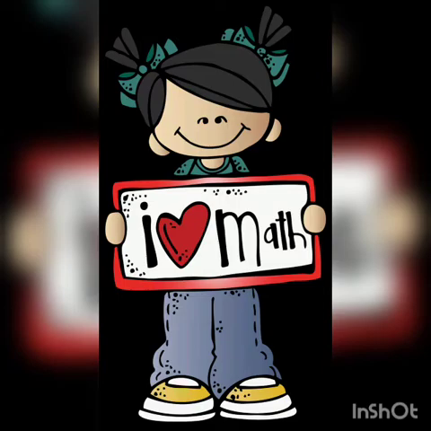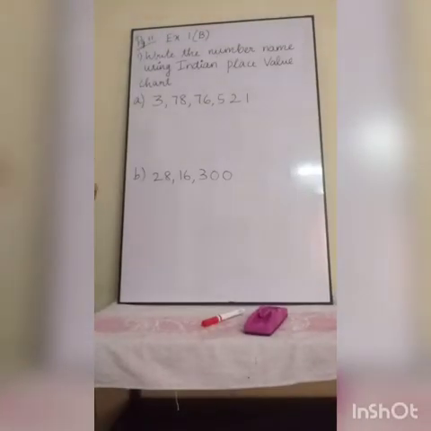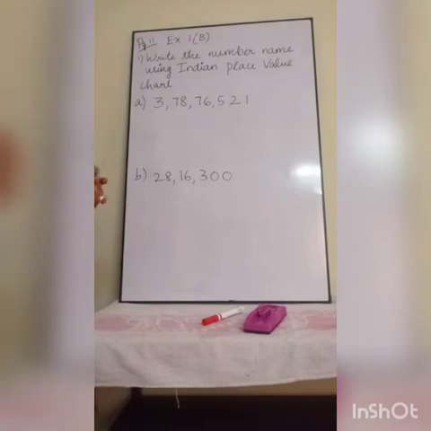In the last class, we discussed the Indian place value chart, which means the Indian system of numeration and the international system of numeration, how it comes and what its place values are. Now we are going to discuss the exercise problems, exercise 1B.